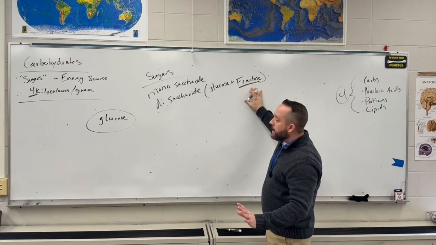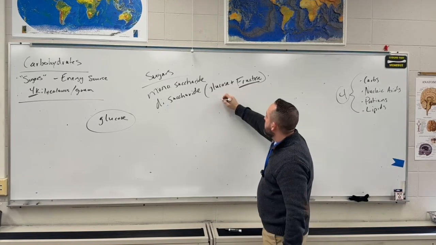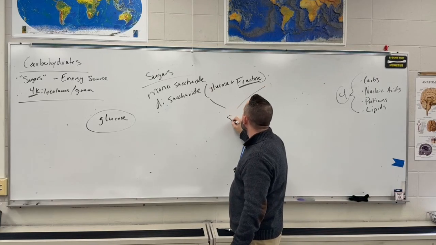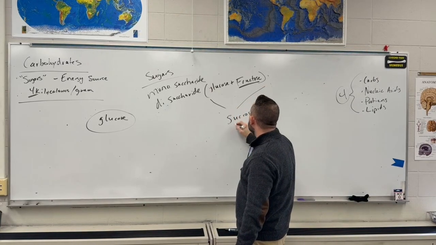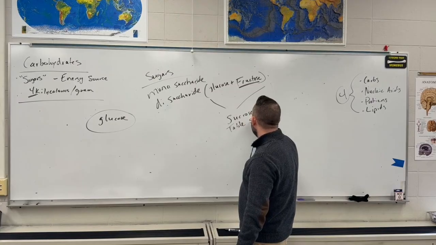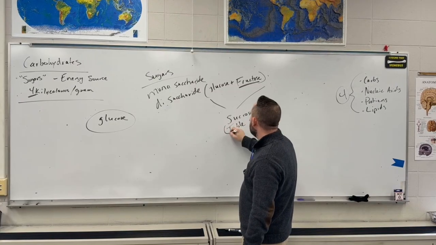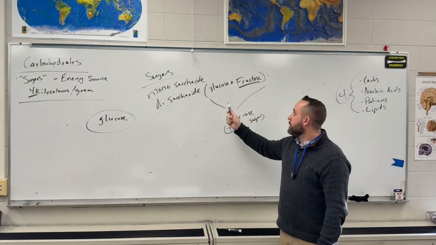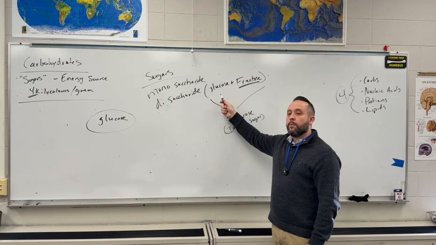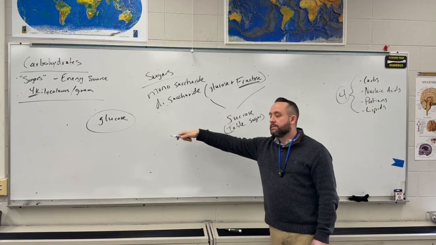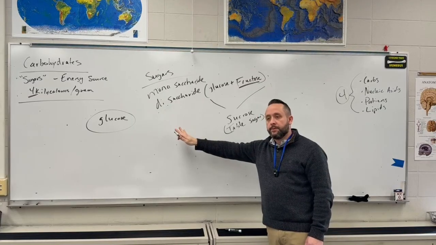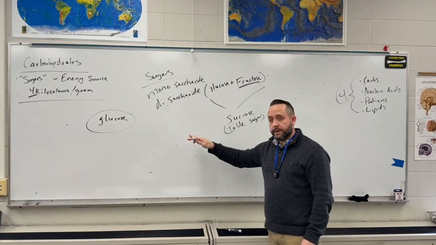Just FYI, this is straight from your book too, these two sugars together are called sucrose. And this is the same as table sugar. Plants need to move their glucose around with the helper, fructose. But human beings and animals, we can move ours around as just glucose itself, or chains of glucose or whatever.